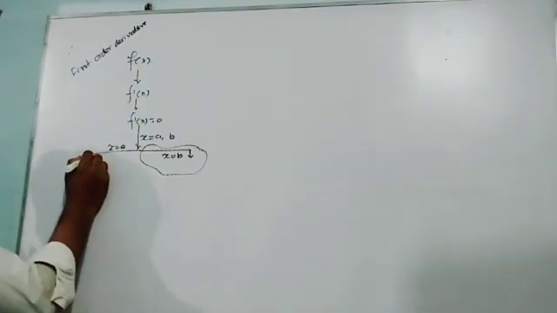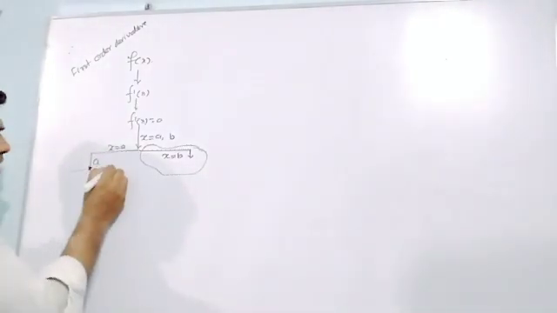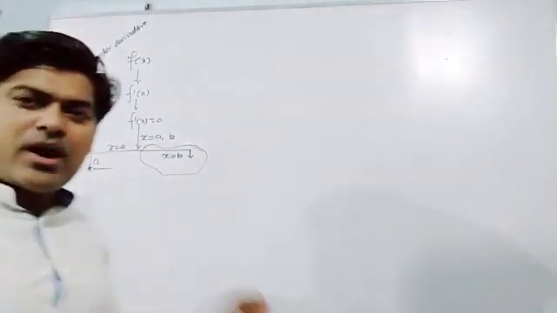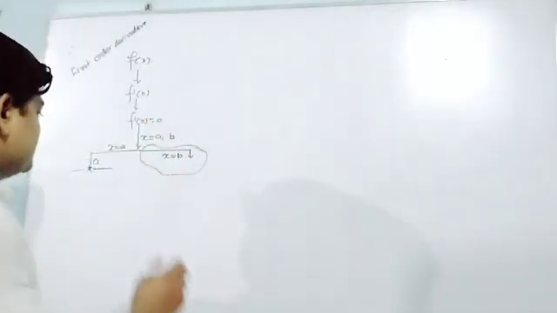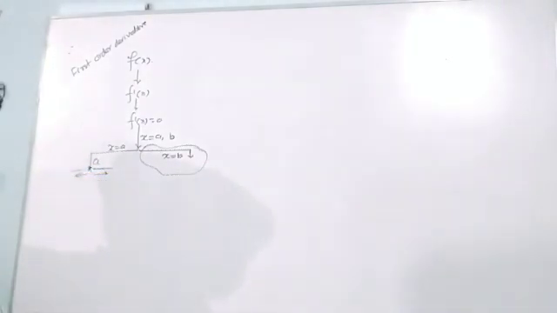Now I am just going to discuss x is equal to a. Suppose on a number line this is a. If I take a value of x which is less than a, it means I am going to this side, and if I take a value of x which is more than a, I am going to the right side.